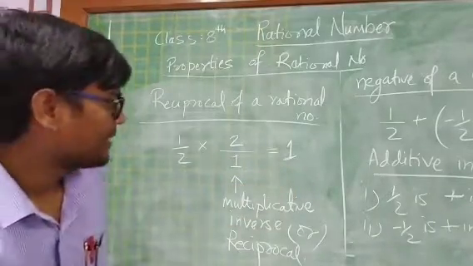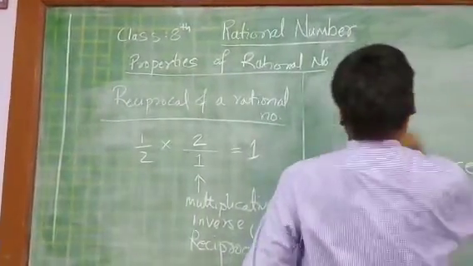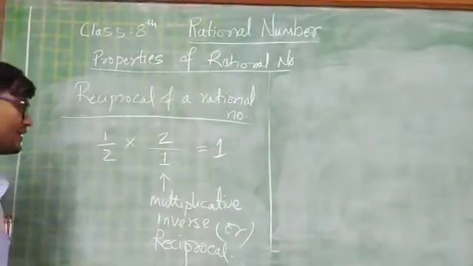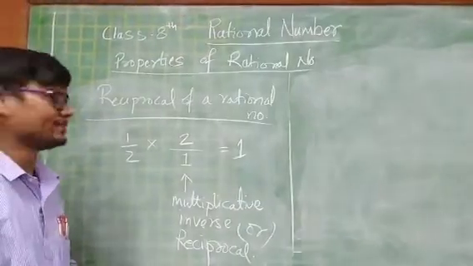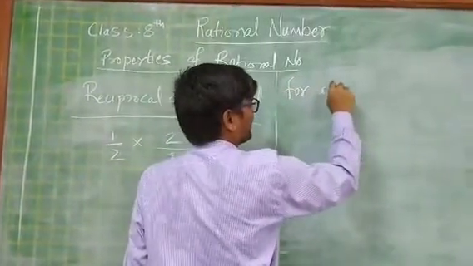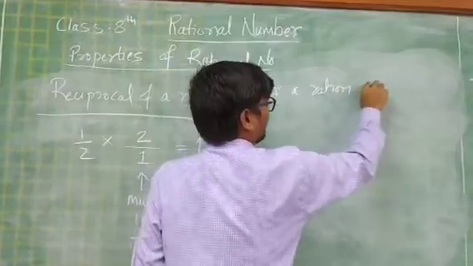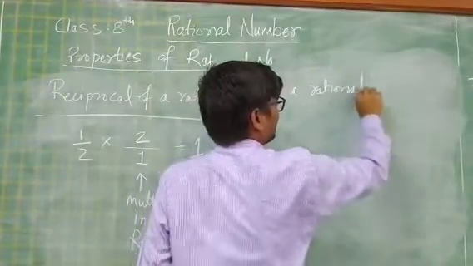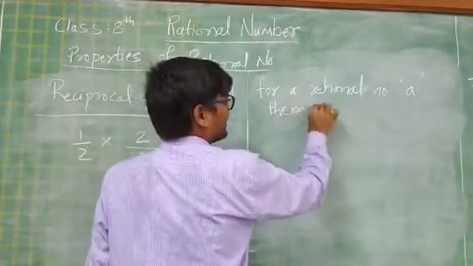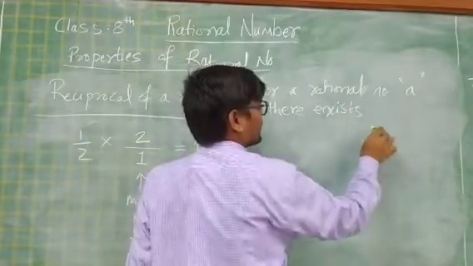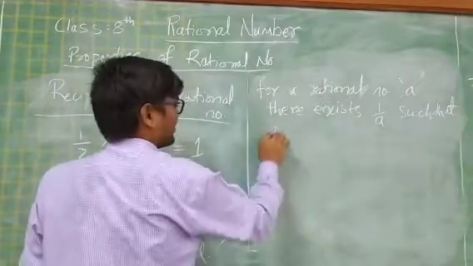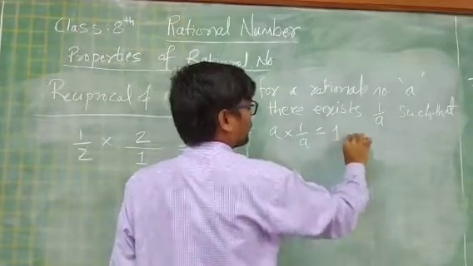So we can say that for a rational number A, there exists 1 by A such that A into 1 by A is equal to 1.